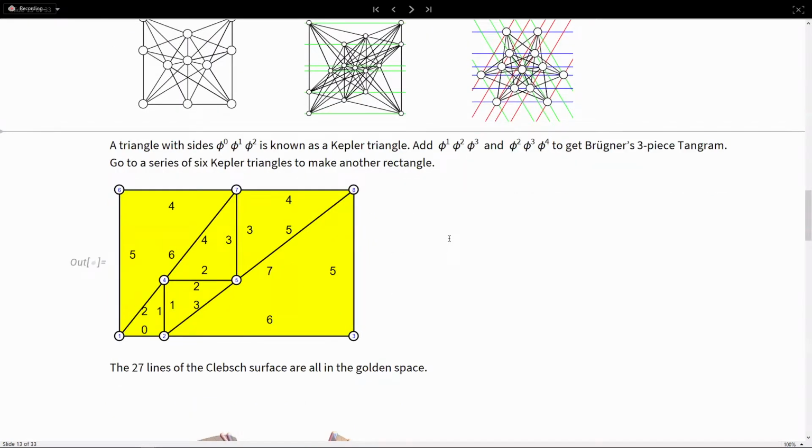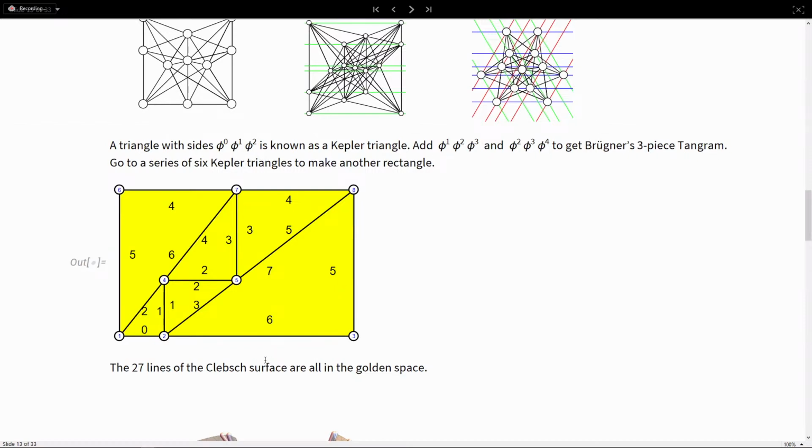A triangle with sides 1, the golden ratio and the golden ratio squared is known as a Kepler triangle. So that's here. If you do more than 1 power of that, if you take 3 of these triangles in series, you can get what's called Brugner's 3-piece tangram.